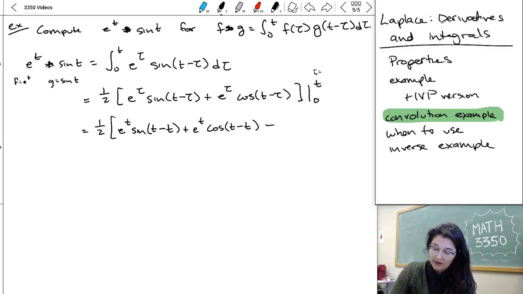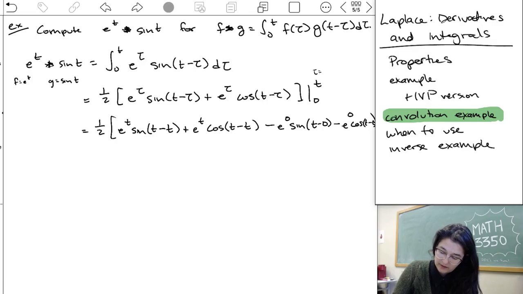So e^tau becomes e^0. Sine of t minus tau becomes sine of t minus 0. Again, e^0, and then cosine of t minus 0.